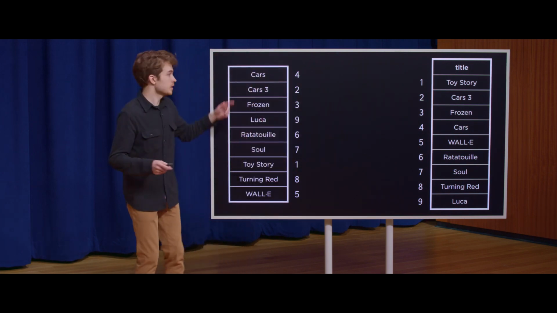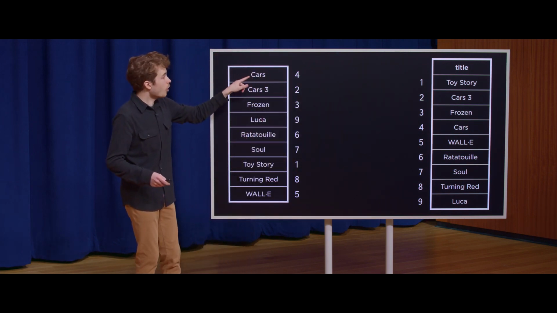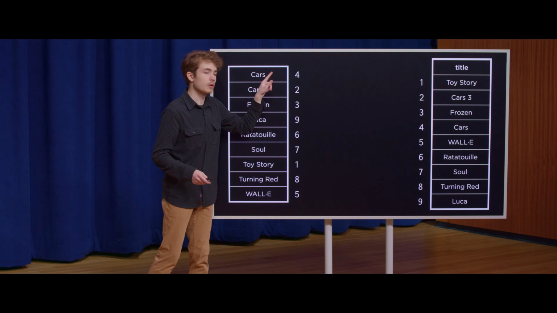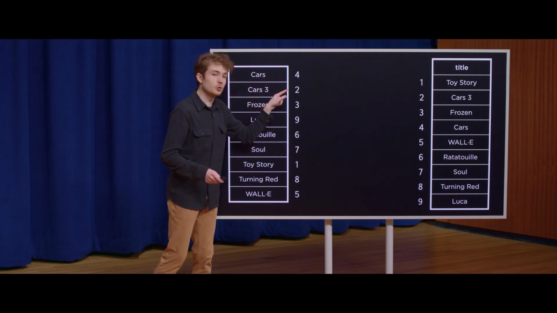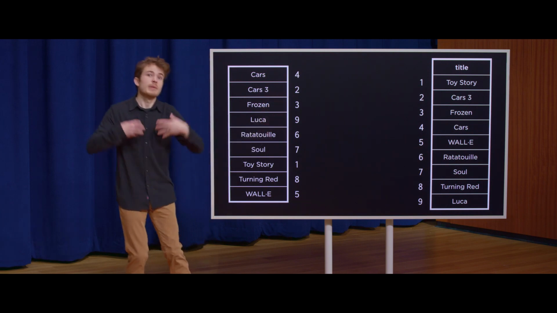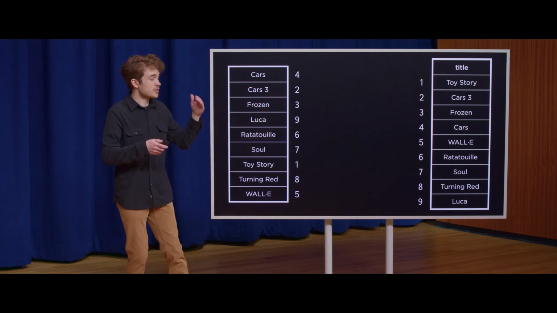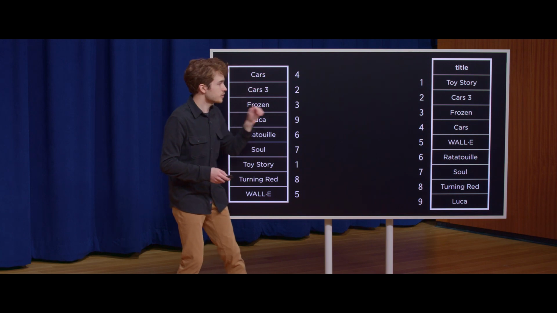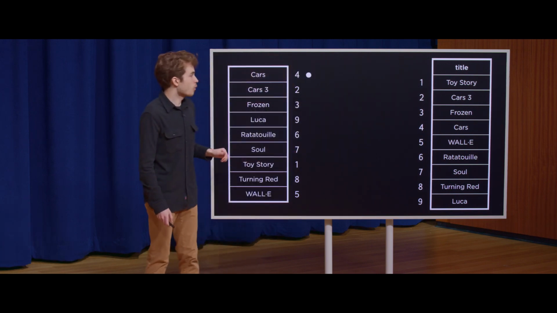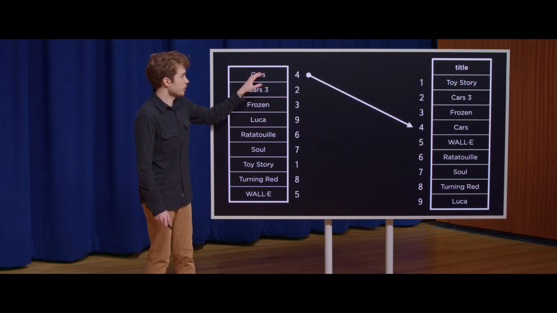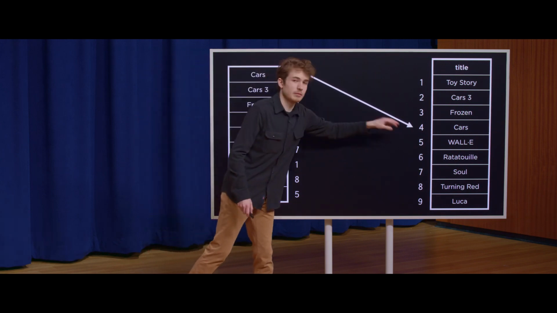So for instance, here is Cars, and Cars appears to be in row 4. Similarly, Cars 3 looks to be in row 2 in my table. And I could metaphorically, visually draw some lines between Cars over here in my index and Cars in my table. I could draw one that looks a bit like this, going from Cars in my index to actually Cars in my table.